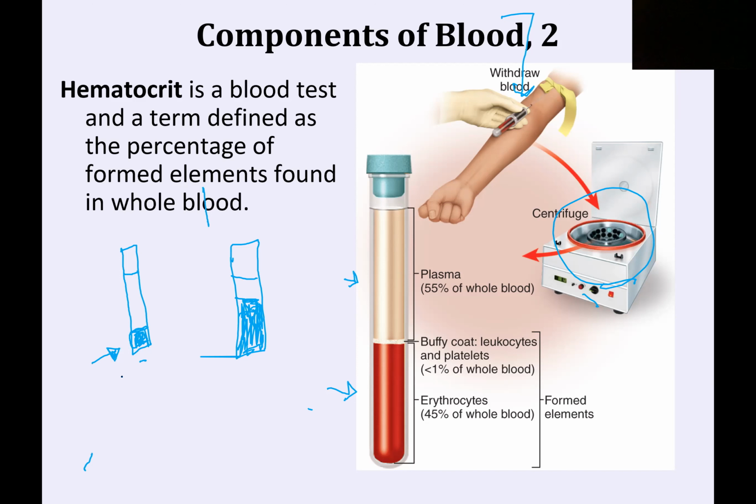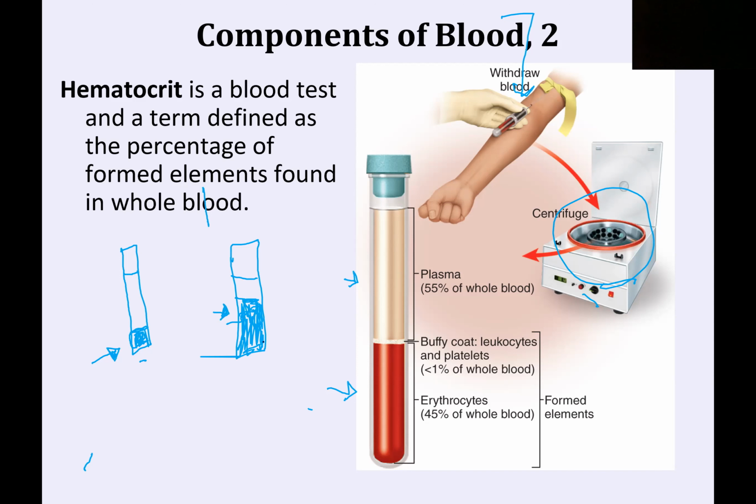So low hematocrit, high blood pressure. Or lower, if the hematocrit drops, the blood pressure is going to rise. On the other hand, if we take a look at this specimen, when the hematocrit raises, it's going to lower the blood pressure. It's too thick to move.